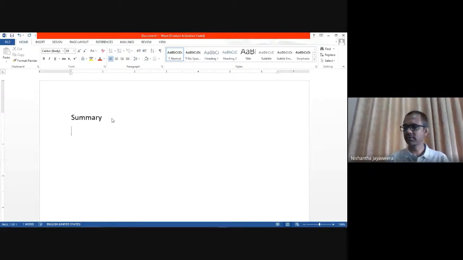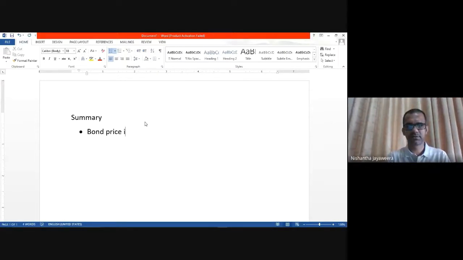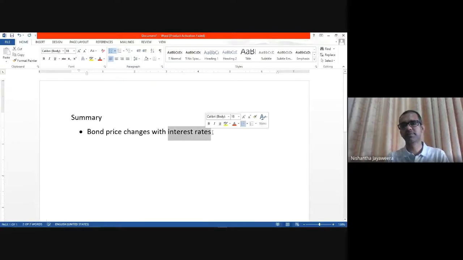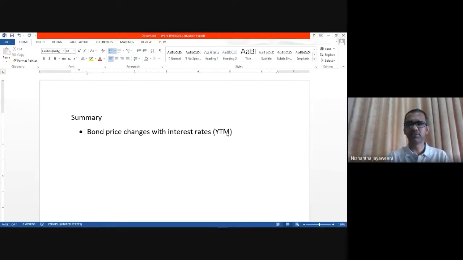If you don't have any questions, let me summarize what we discussed so far. First thing is bond price changes with interest rates. What do you mean by interest rate here? What's the interest rate that we are considering here? It's the yield to maturity, or the yield. Bond price changes with the interest rate.